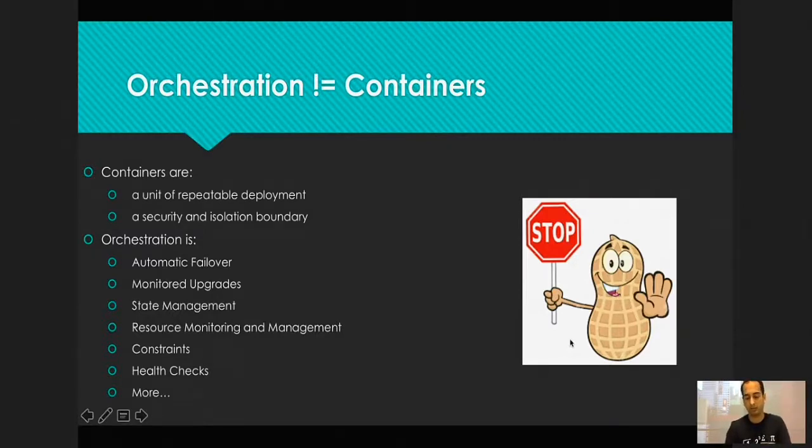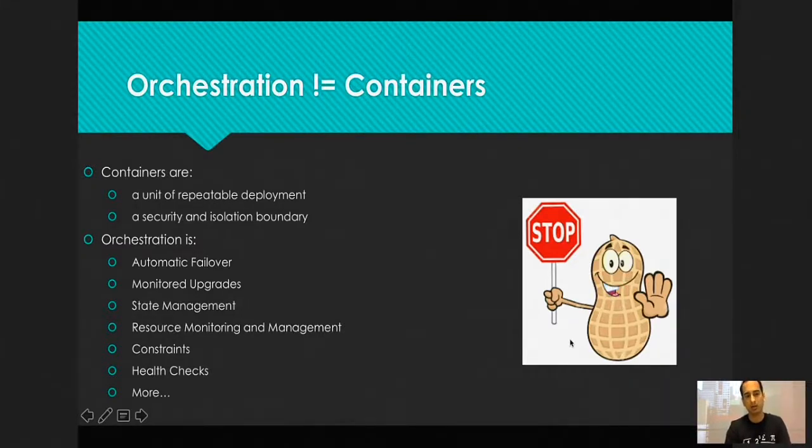So that's a big problem solver in the technology industry, right? They also provide you a security and isolation boundary, especially with Windows containers, where we added support for Hyper-V containers that give you a higher degree of assurance when it comes to isolation.